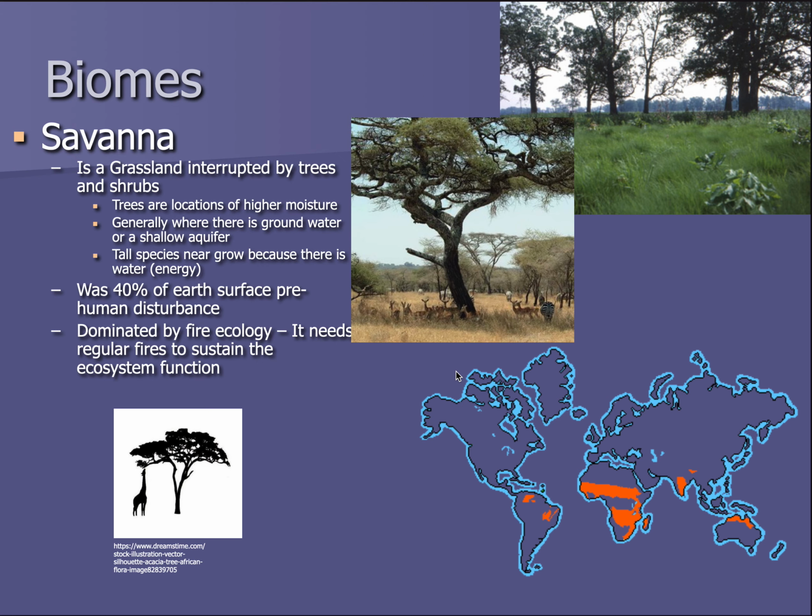So fire is kind of critical on the landscape, and fire acts as a way of returning nutrients back to the soil, which then is going to keep these plants healthy.